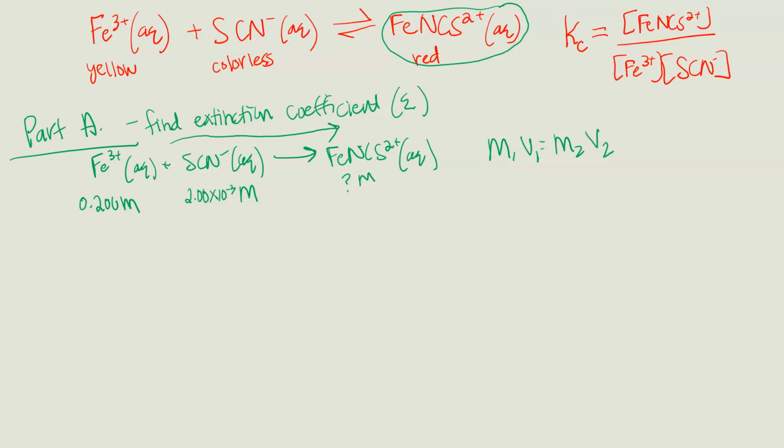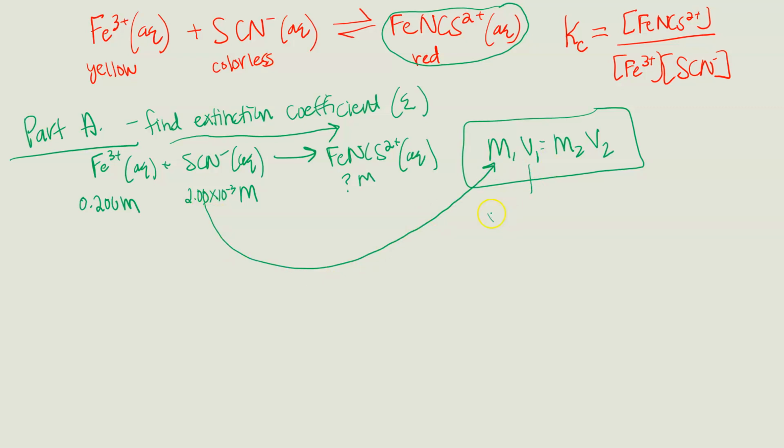the table in the procedure on how many milliliters of that you're going to pipette into your 50 milliliter volumetric flask. And then it asks for the thiocyanate, SCN minus, molarity. Well, you can use M1V1 equals M2V2. We know the molarity of the stock thiocyanate.